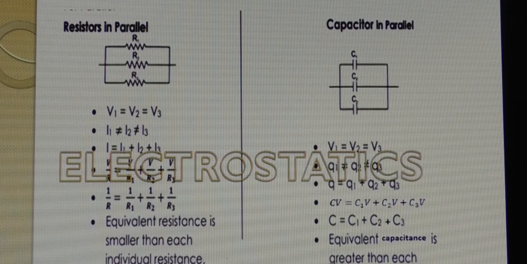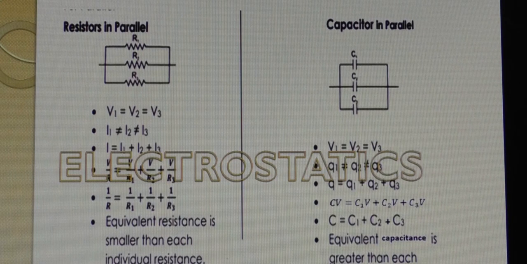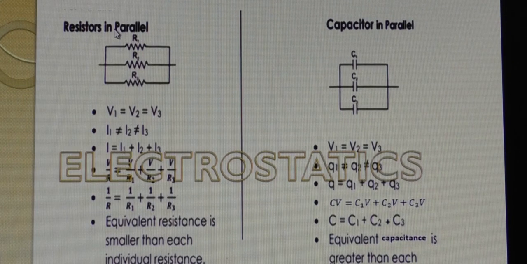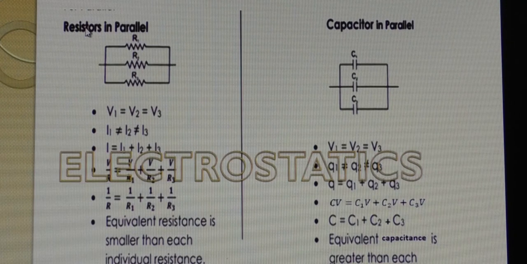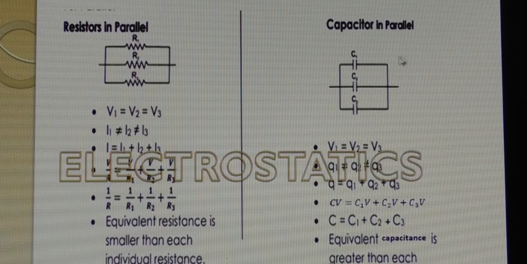We notice one thing, that for resistors and capacitors, when these are connected in series and parallel, the equations which come are different. Why? Because a resistor, as we all know, is a device which resists the flow of current, and a capacitor is a device which is used to store charge.